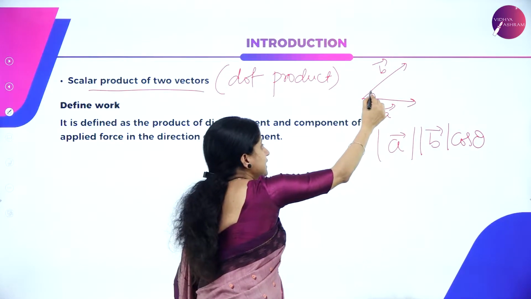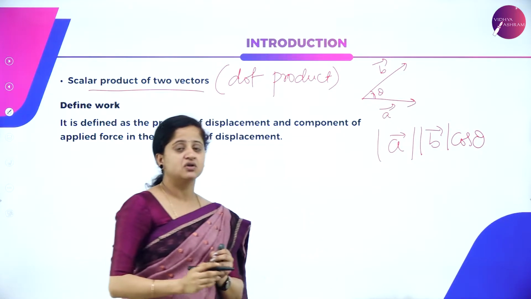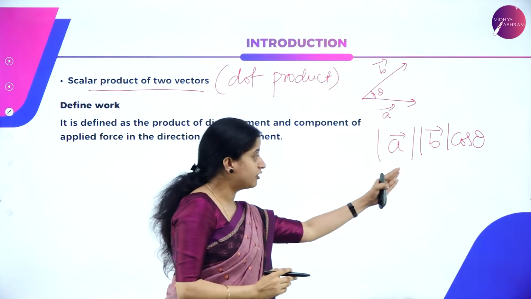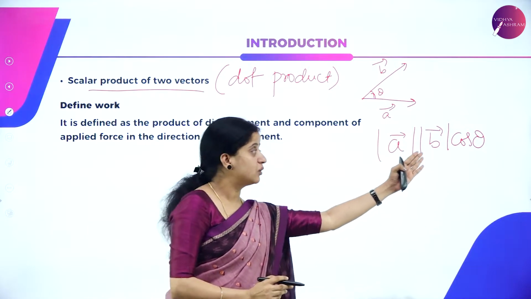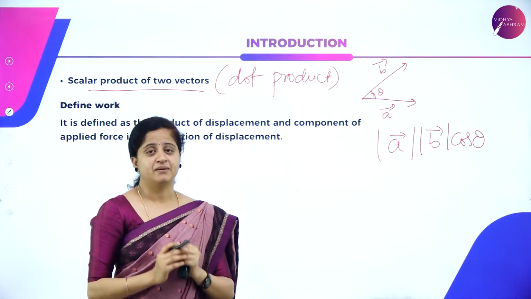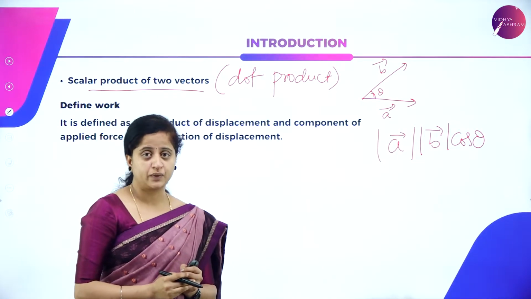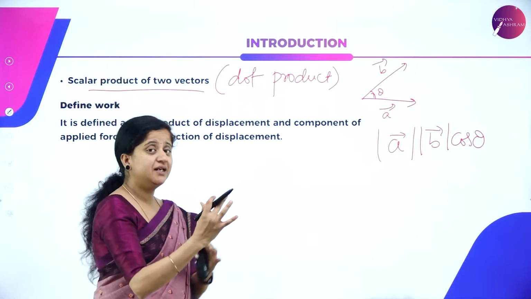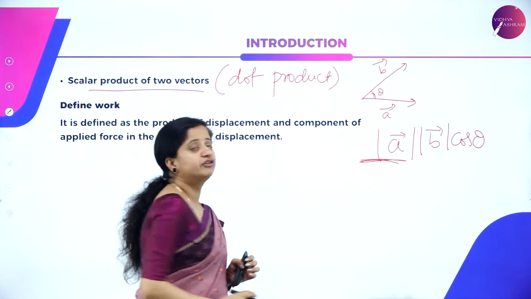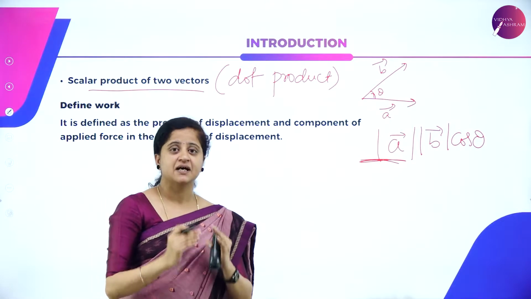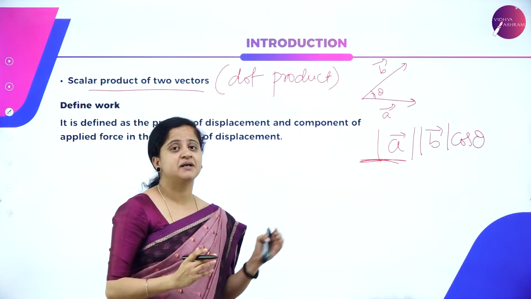Theta is the angle between the two vectors A and B. So it is defined as the product of the magnitudes of two vectors and the cosine of the angle between them. This is how we define the scalar product of two vectors. In the upcoming concepts, we need this idea of dot product between two vectors, and hence I am giving you an idea in the beginning itself.